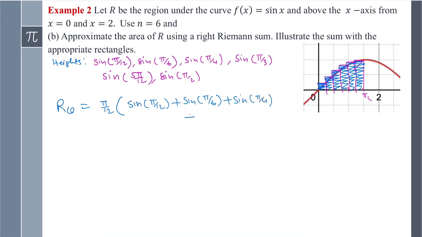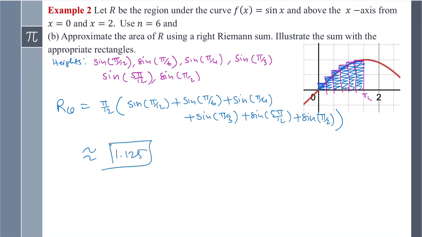I'm going to write in the second row, okay, so plus sine pi over 3 plus sine 5 pi over 12 plus sine pi over 2. And then when we put everything into the calculator, we get 1.125. So that's the approximation of the area.